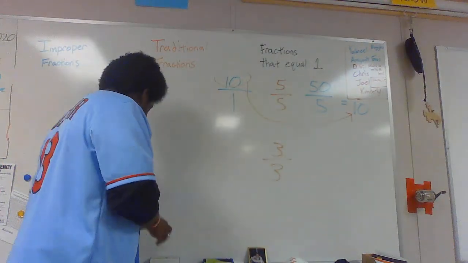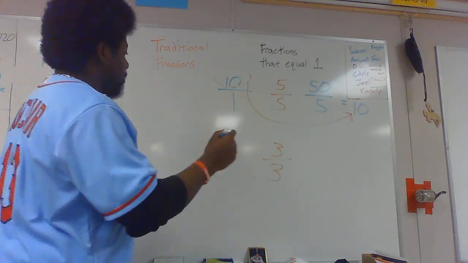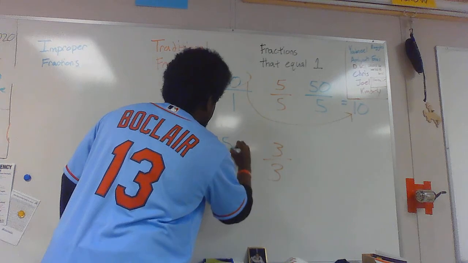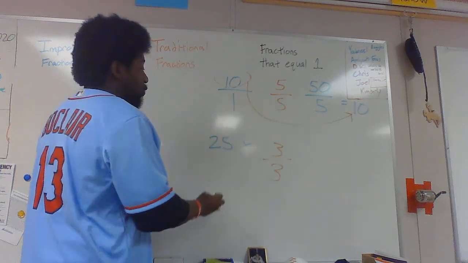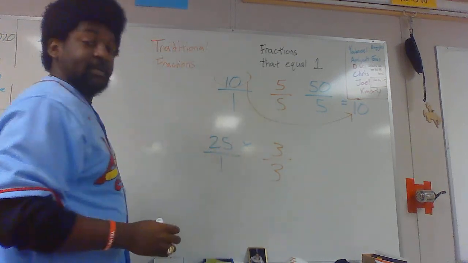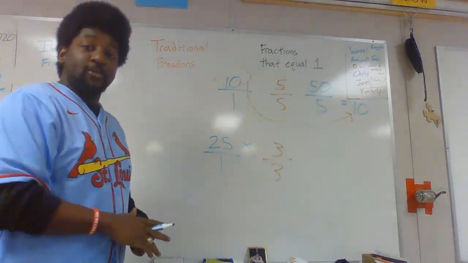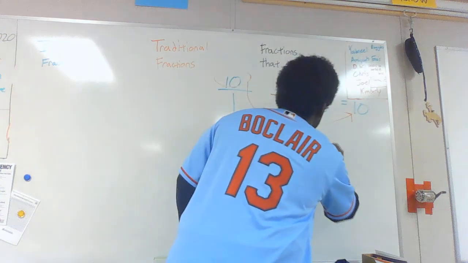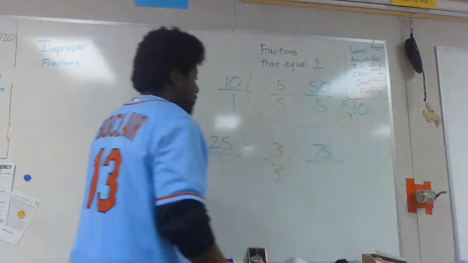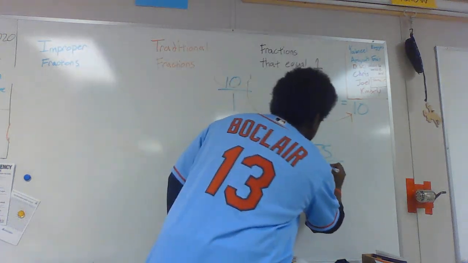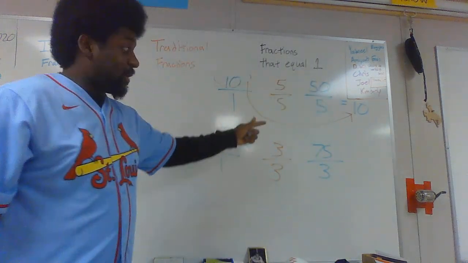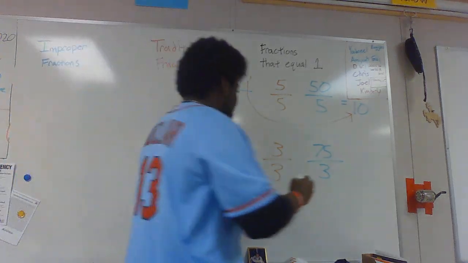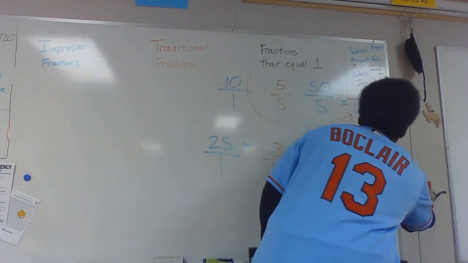Let's try one more example here. This 3 over 3. Let's use 25. 25 is 25 over 1. 25 times 3, just like quarters. 25, 50, 75. 1 times 3 is 3. 75 divided by 3. 25, 50, 75 takes me back to 25.